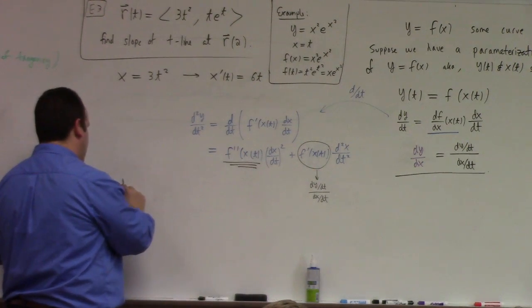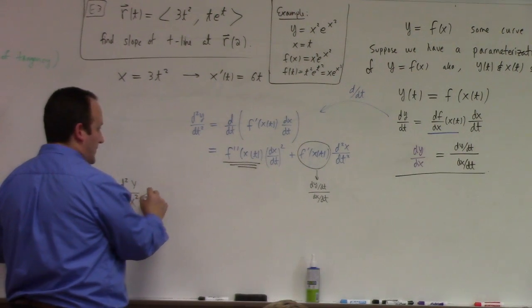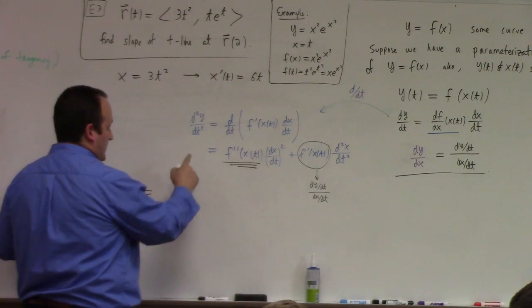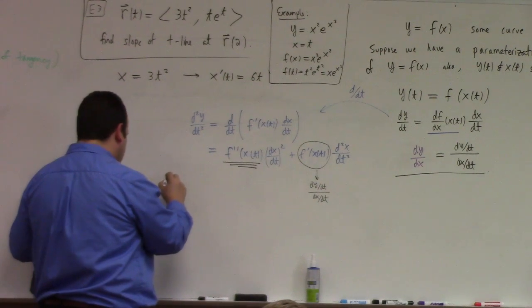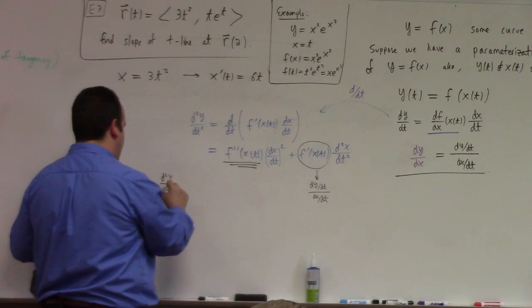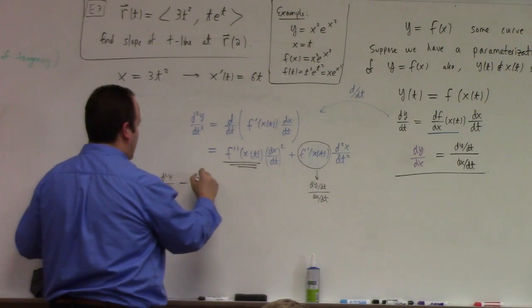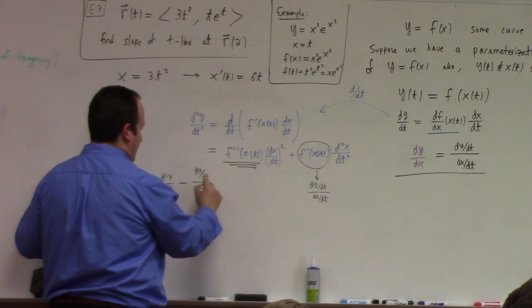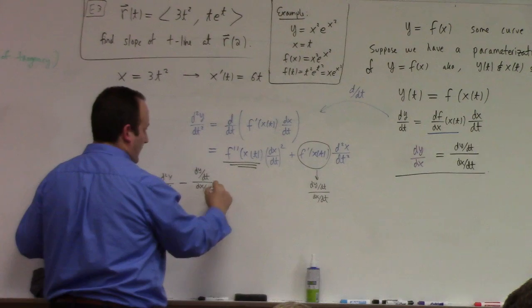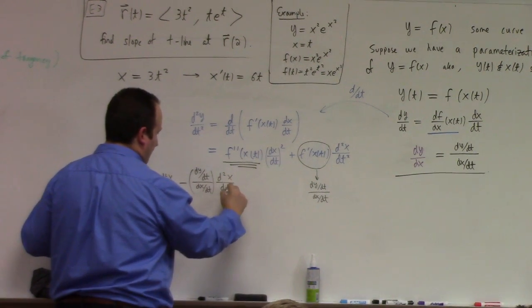So what we get is d squared y dx squared, which is f prime prime, equal to, excuse me, d squared y dt squared minus dy dt over dx dt times d squared x dt squared.